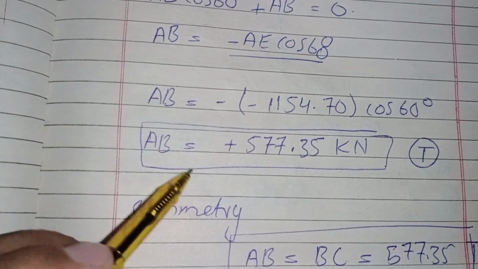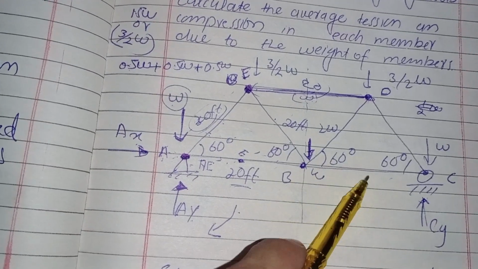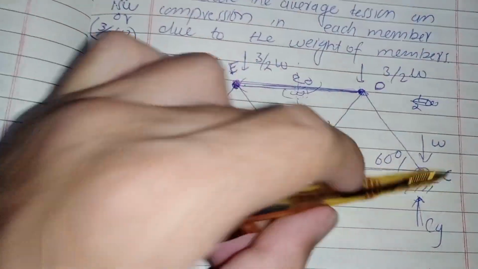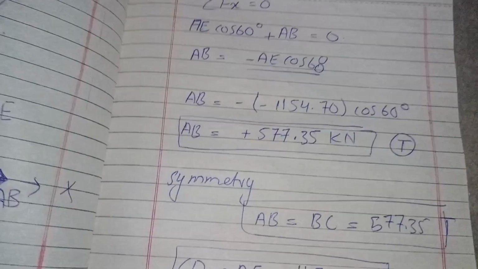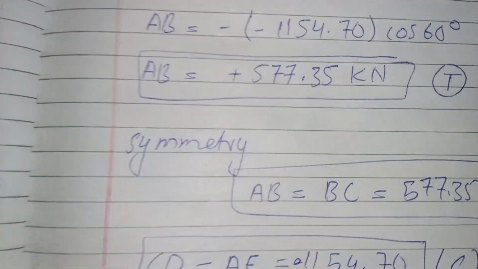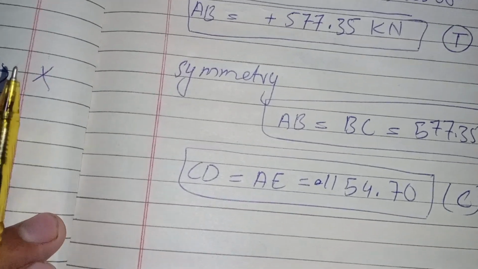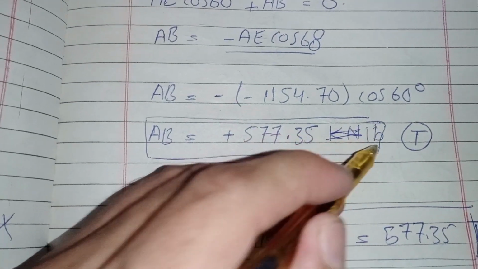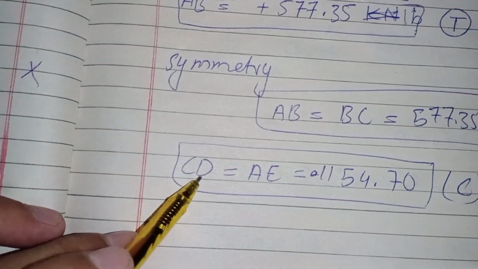So due to its symmetry, AB will equal BC, which is 577.3 pounds. So it is not kilonewton, it is in pound, unit pound.